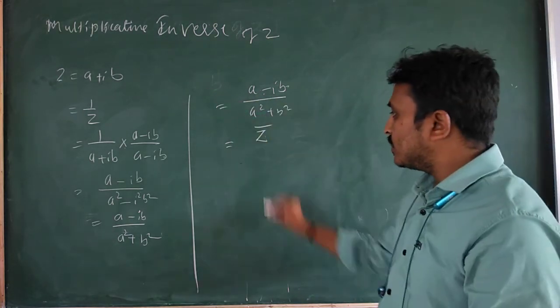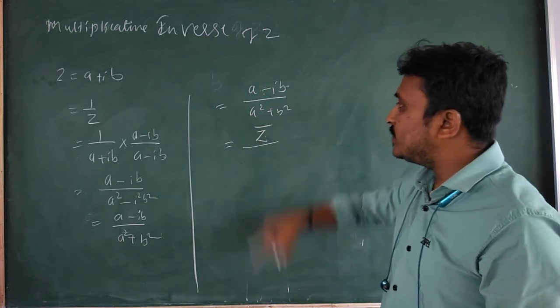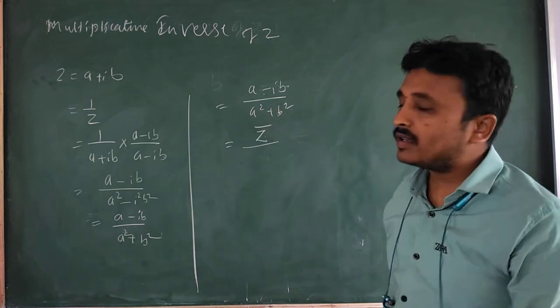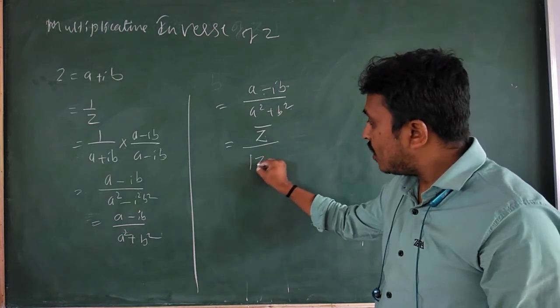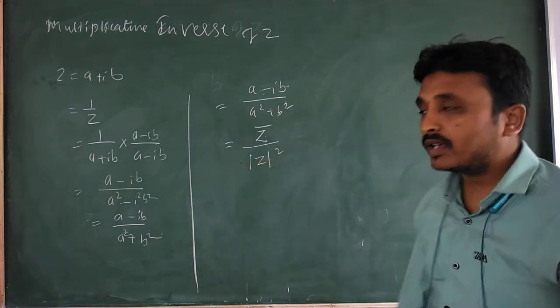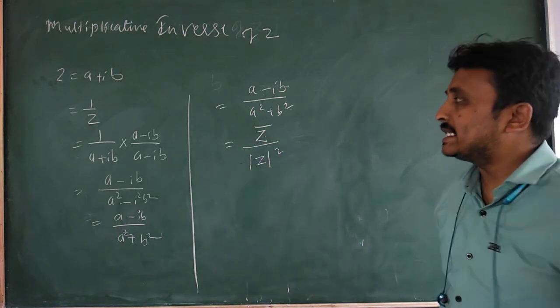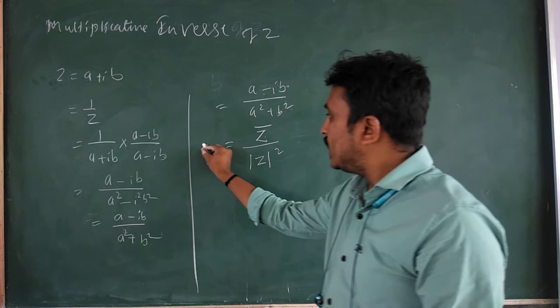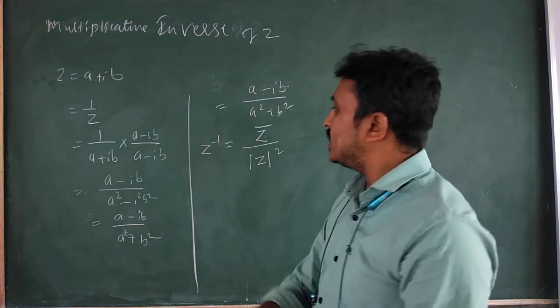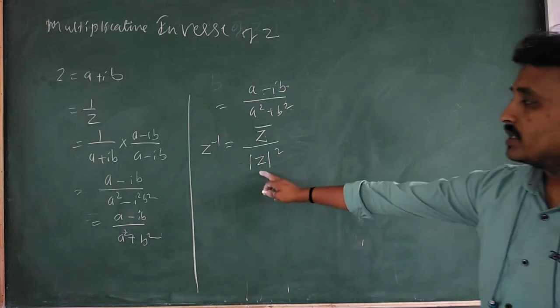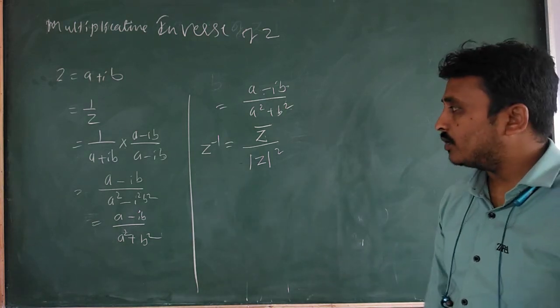And a square plus b square, as we already discussed in the previous problem, is the square of the modulus of z. So therefore the multiplicative inverse, z inverse, is equal to z bar divided by modulus of z whole square.